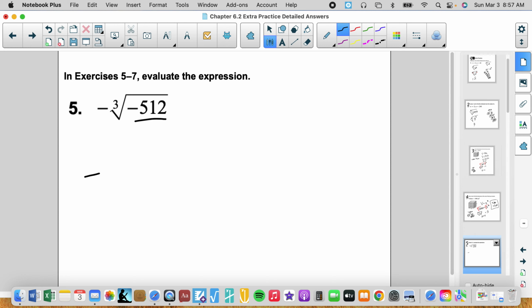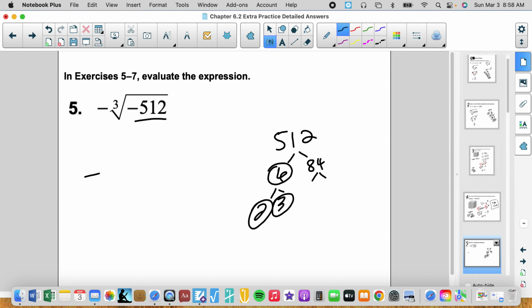So what number times itself 3 times is going to produce negative 512? I don't know, 6? I kind of want to say 6. Let's show the other way we can do this.